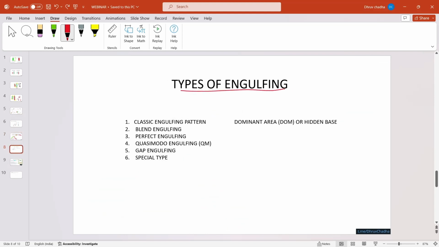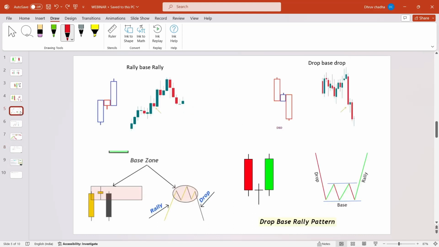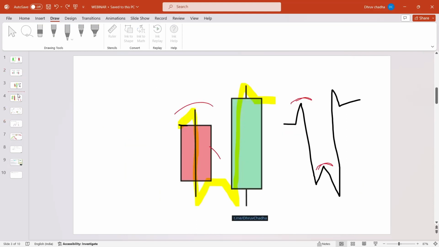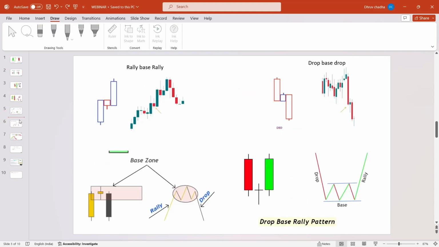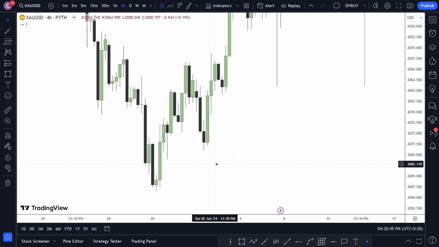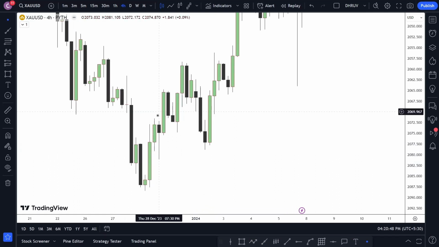So now let's go into the types of engulfing. The classic engulfing pattern simply is that the requirement for engulfing to happen has been met. Okay. So in this case, let me go to the chart. For this to be a bullish engulfing candle, the high of the bearish candle is being engulfed with the body closer. So that we basically call a classic engulfing candlestick, classic engulfing pattern.